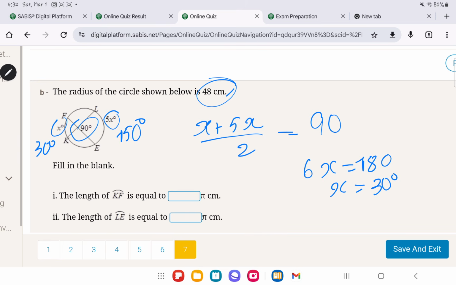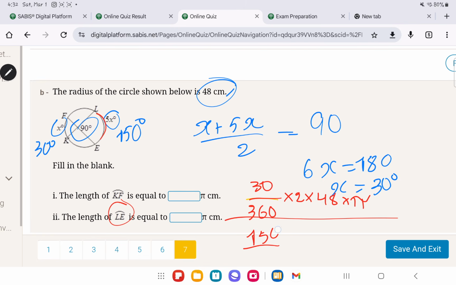Now, to find the length of any arc, it is the angle over 360 times 2 times the radius, which is 48, times pi. And for LE, it is the angle, which is 150, over 360 times 2 times the radius, which is 48, times pi.